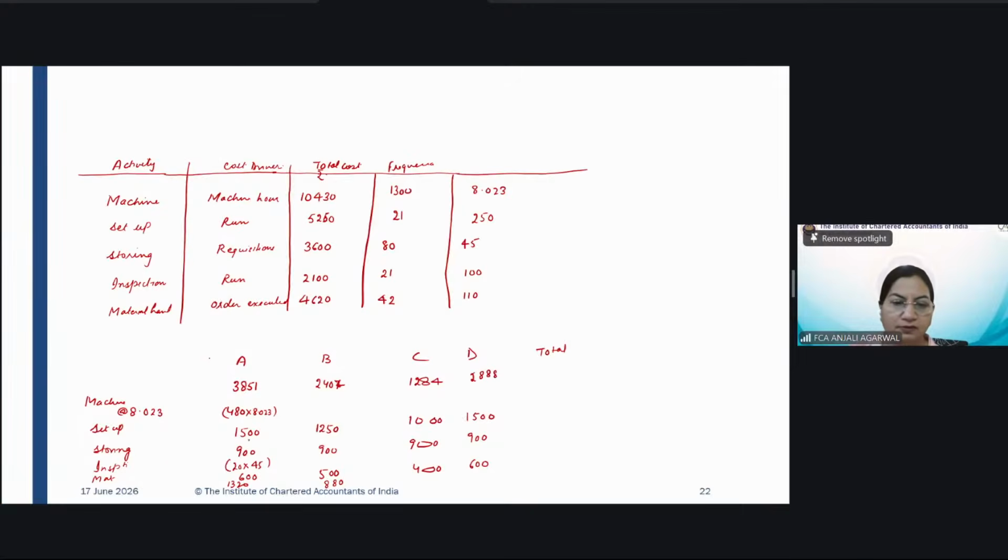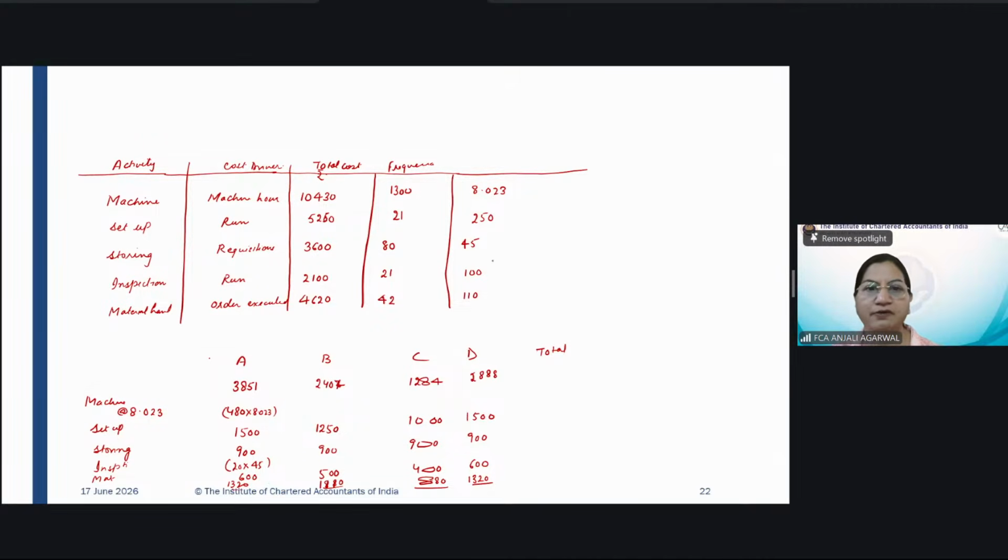So 880 would be here, 1100 would be here, and 1320 would be here. So these are the way in which under ABC, the factory overheads would be allocated.